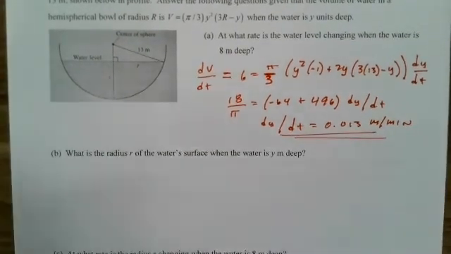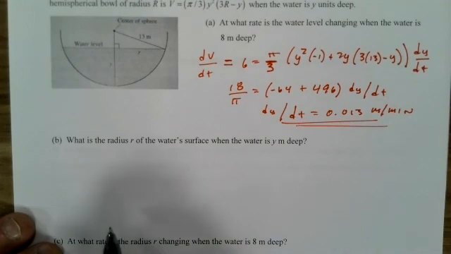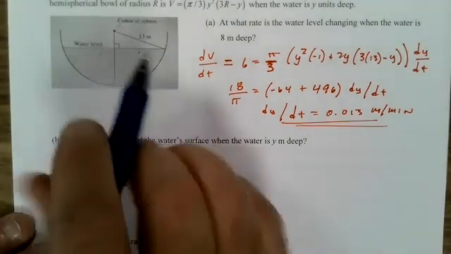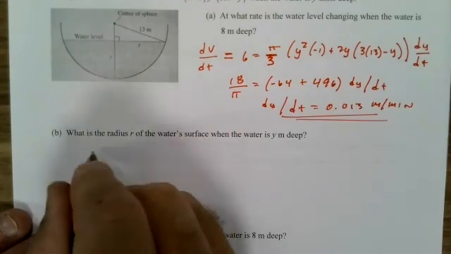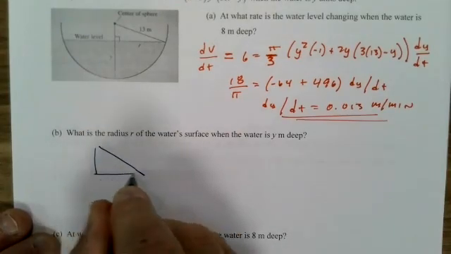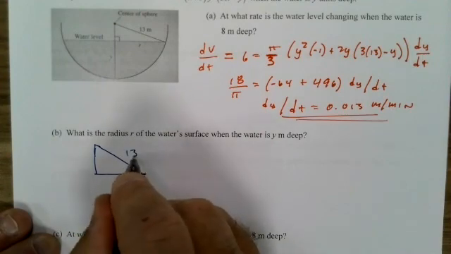What is the radius r of the water surface and water y meters deep? So there's that triangle right there. I'm going to redraw it. r, 13.